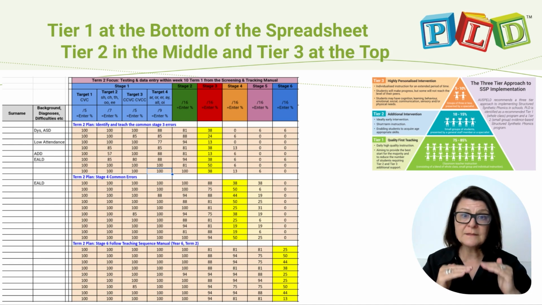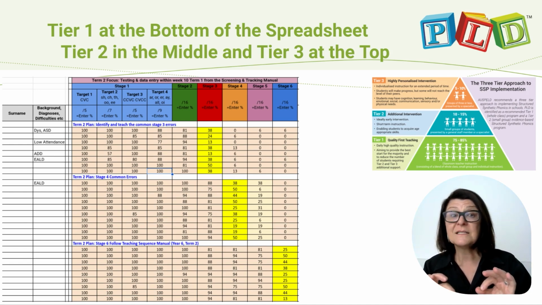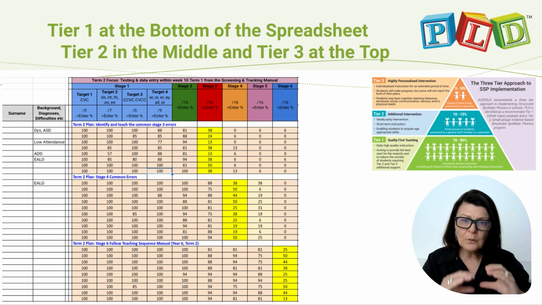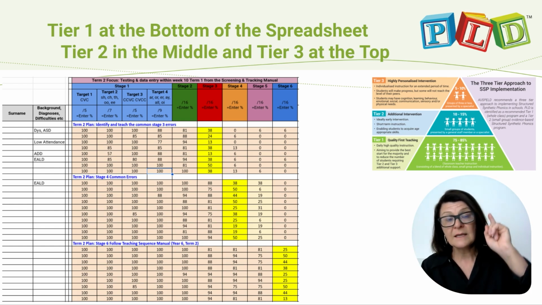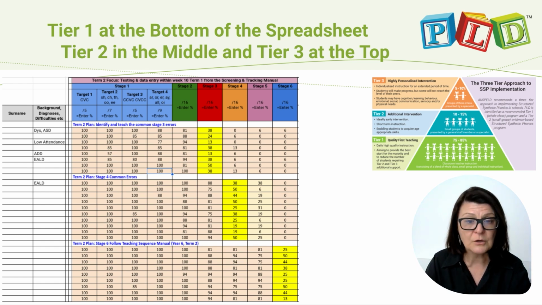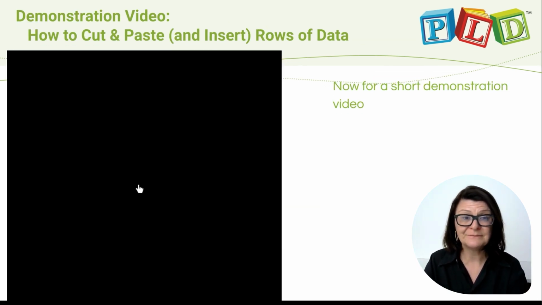Our tier 1s that are following a teaching sequence or close to following a teaching sequence or maybe slightly ahead of that teaching sequence, we're going to move them to the bottom of the data. The students who are a little bit behind, those that are tier 2, go in the middle of the spreadsheet, and we put our tier 3 right at the top of our spreadsheet. Now for a short video demonstration.